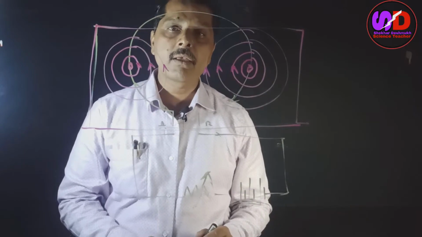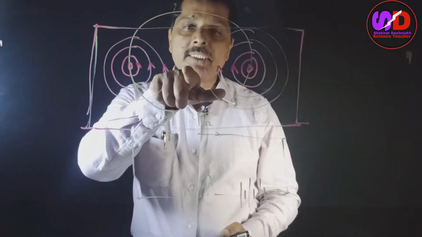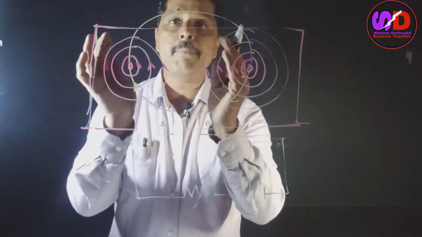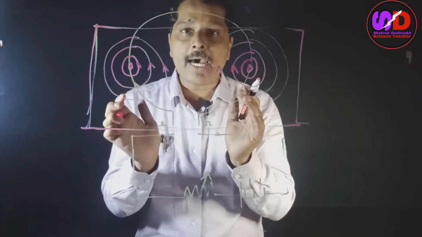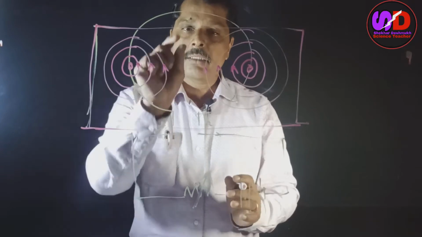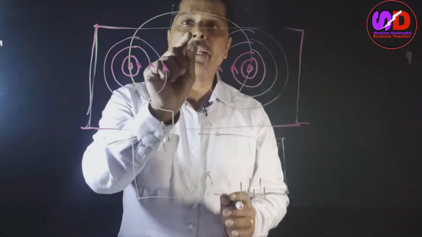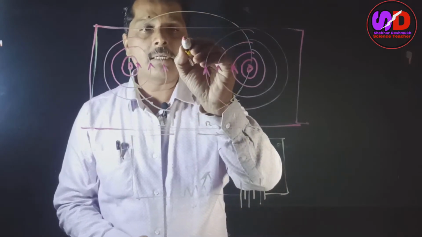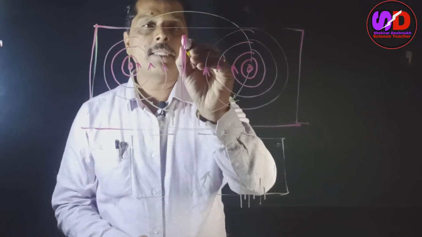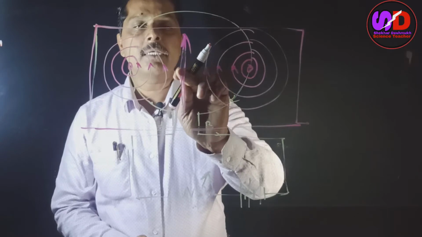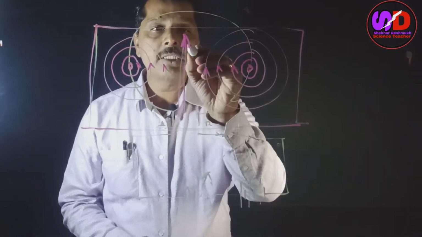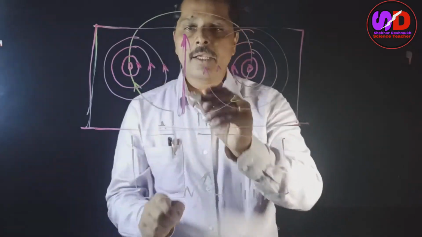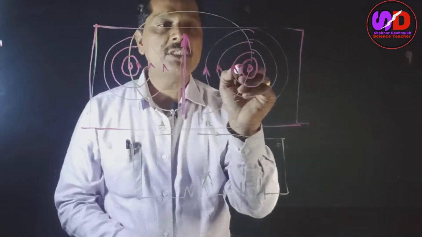As we come to the center of the loop, the lines become bigger and bigger, and they become so large that the arc becomes a straight line in the center. So this is nothing but the direction of the magnetic field produced due to these 2 points.